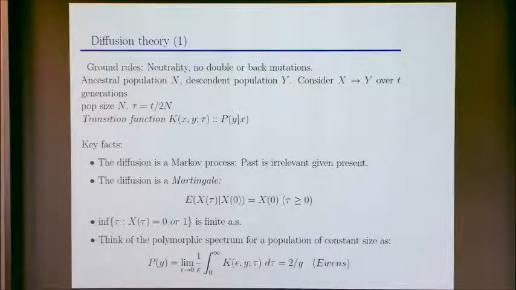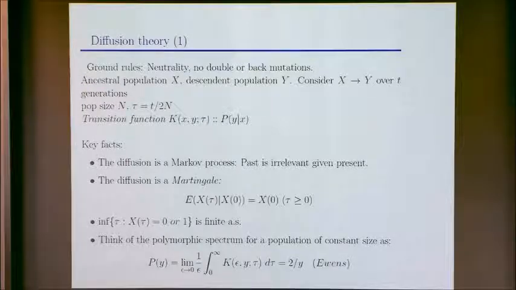And I just want to briefly remind you about some diffusion theory results. Most of you will know this stuff because this is what I think of as Kimura theory, elementary diffusions, the Wright-Fisher diffusion. But here are some basic facts and notation. So the first is the ground rules.